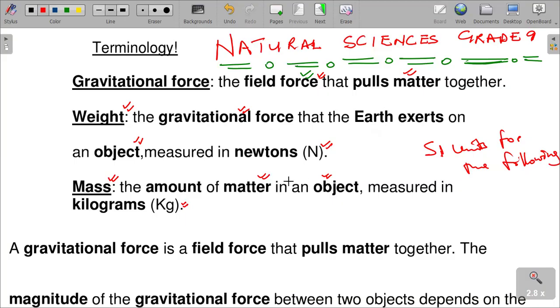In terms of weight, the SI unit is what? It's newtons. Weight is newtons, and mass is kilograms.